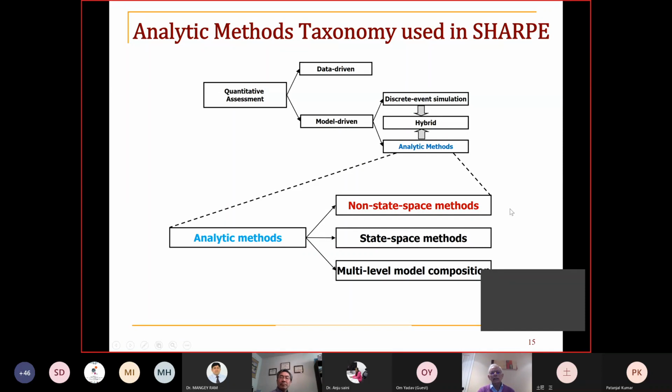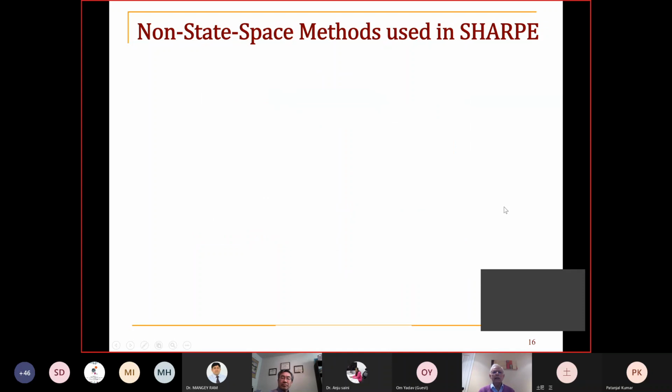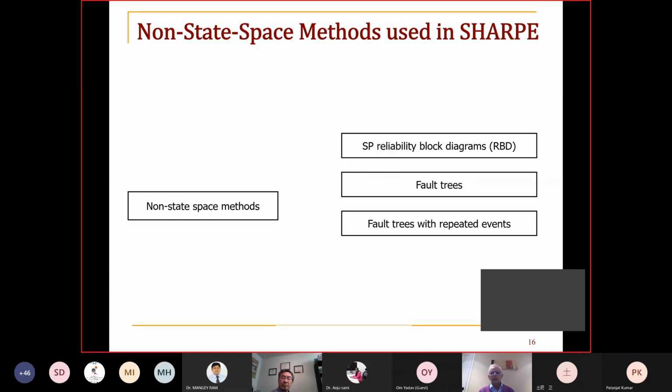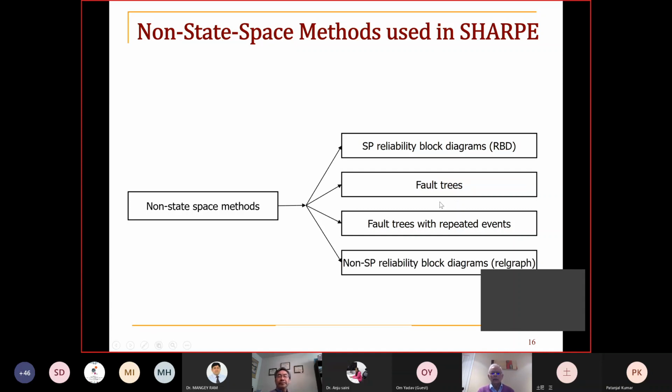So let's start very simply with the non-state space methods. Non-state space methods can be further classified into series-parallel reliability block diagrams, fault trees without repeated nodes and with repeated nodes, and non-series-parallel block diagrams, which are also called rel graphs or reliability graphs.